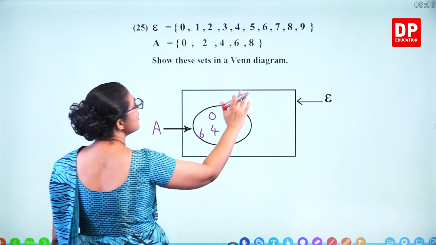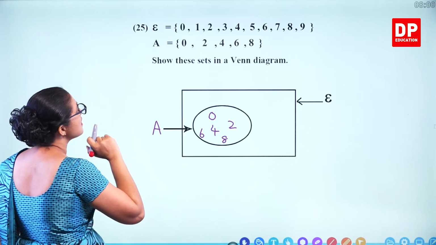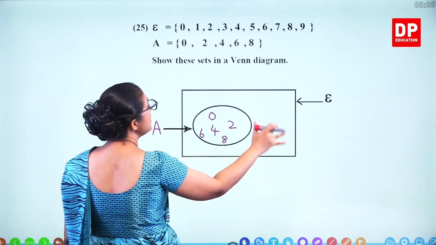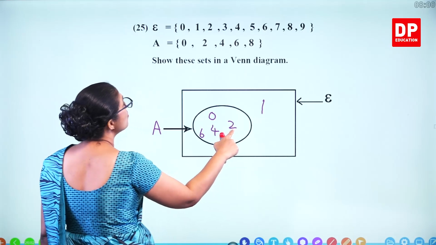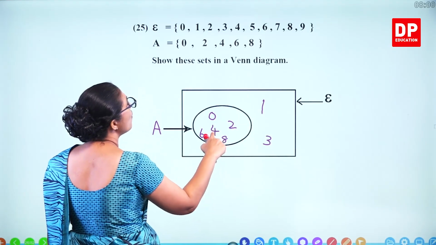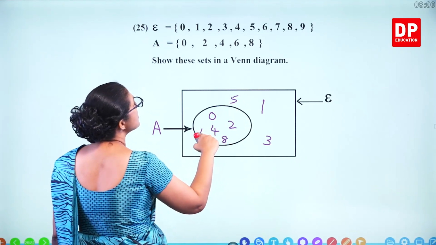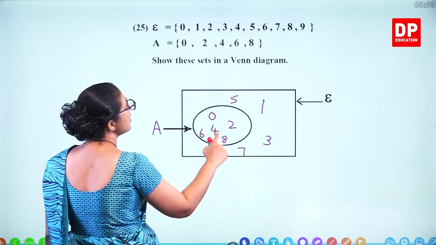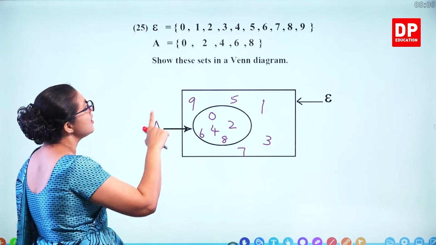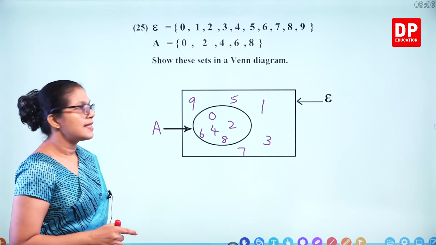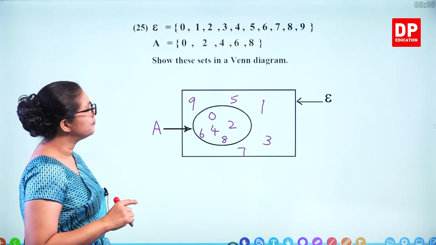So all the other numbers you have to put outside the circle, inside the rectangle. So that's how we put all the elements in a Venn diagram.